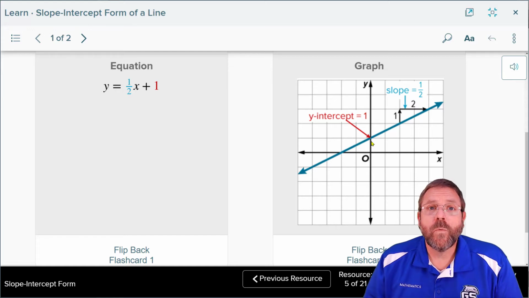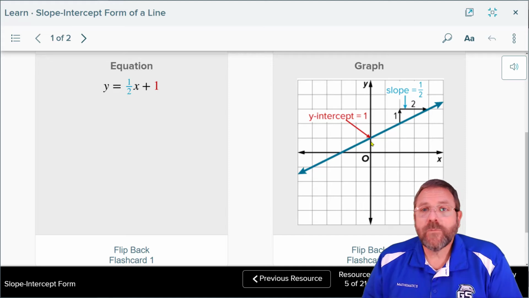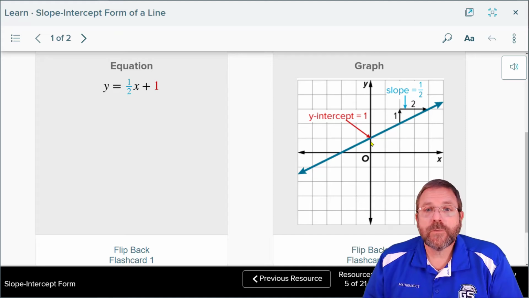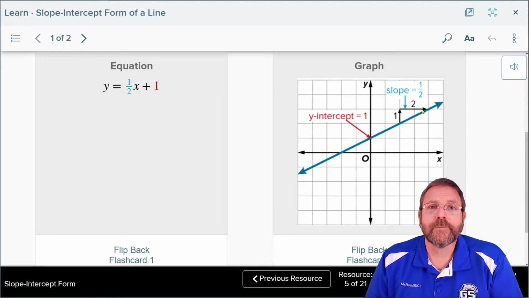It's going to be 1. You see you've got a 1 right here in your equation, and that crosses the y-axis where y's value is equal to 1. So anytime you've got an equation written in slope-intercept form, all you have to do is start where your y-intercept is and then do the slope. Rise 1, run 2. Rise 1, run 2. Connect the dots, and graphing it is really that simple.